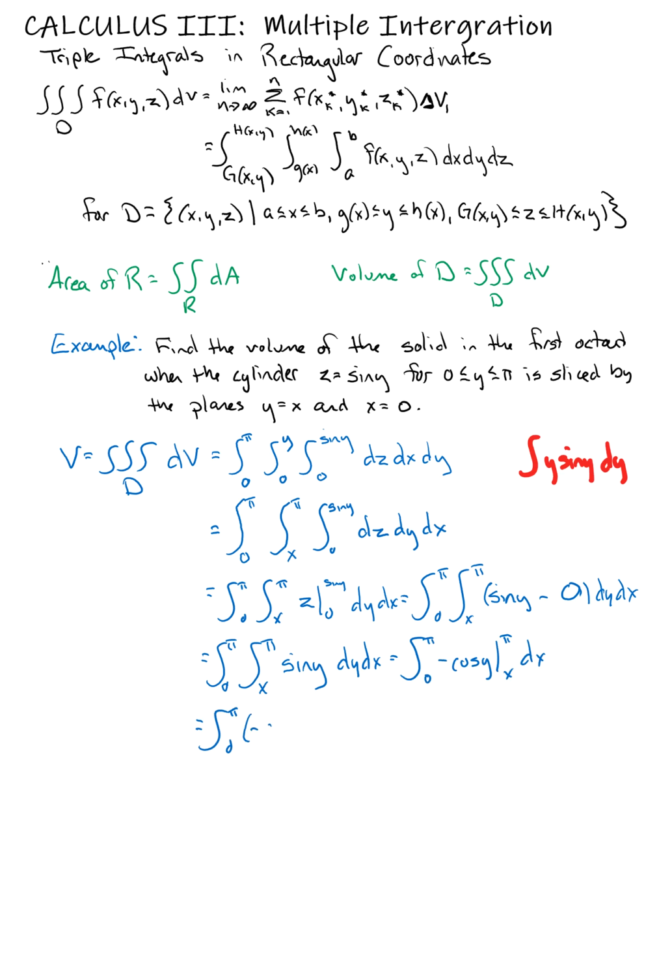So that would be negative cosine of pi minus negative cosine of x, which we can simplify, and that gives us an integrand of 1 plus cosine of x. And now we simply integrate with respect to x. X plus the sine of x, evaluate that from 0 to pi.